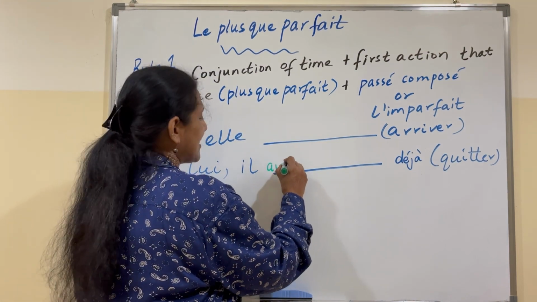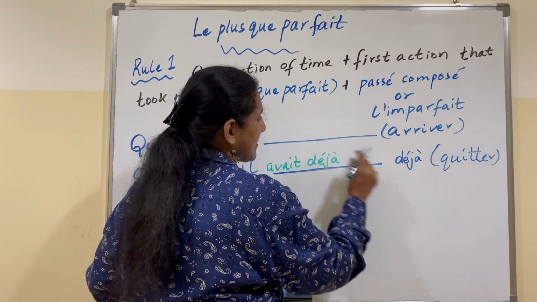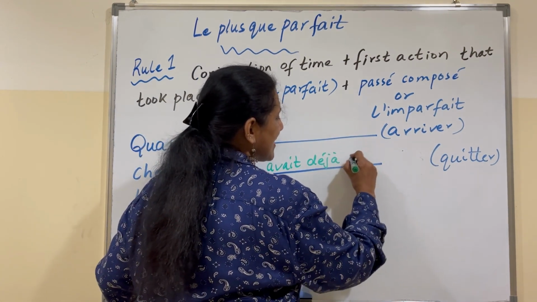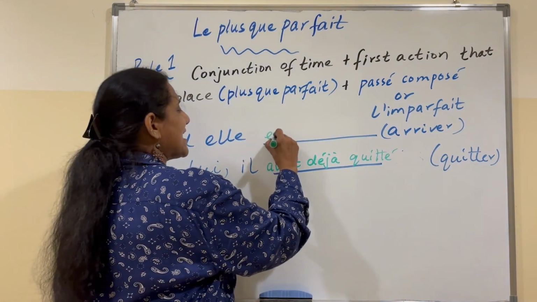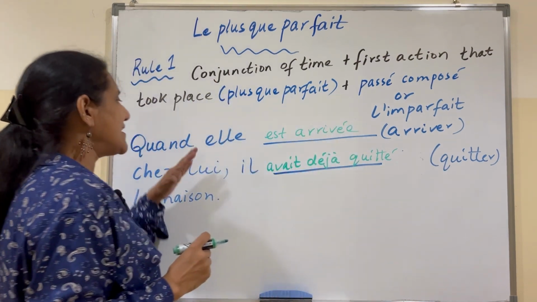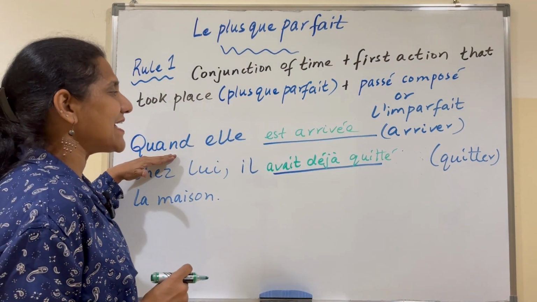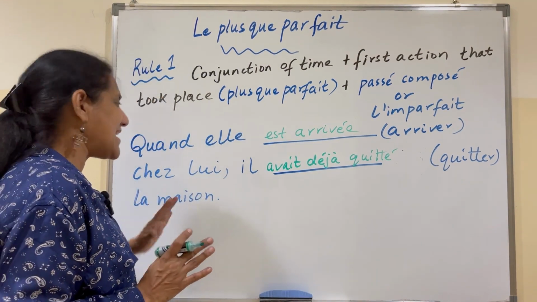So quand il avait déjà quitté, and what happens here? Elle est arrivée. Now we need to add an extra E. Let's read the sentence. Quand elle est arrivée chez lui, il avait déjà quitté la maison.